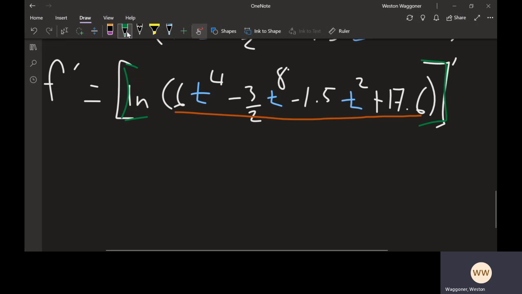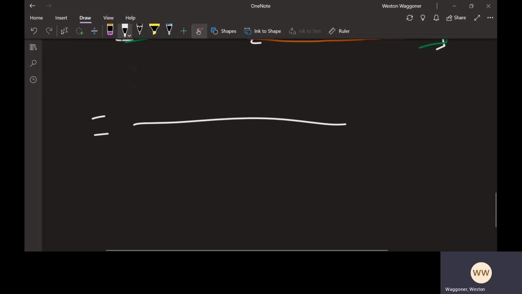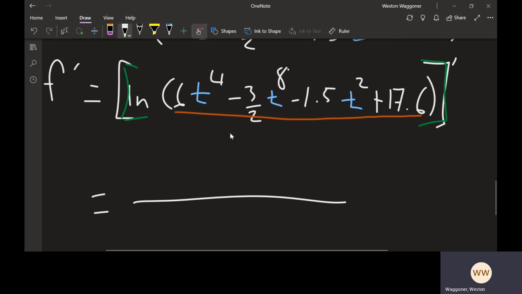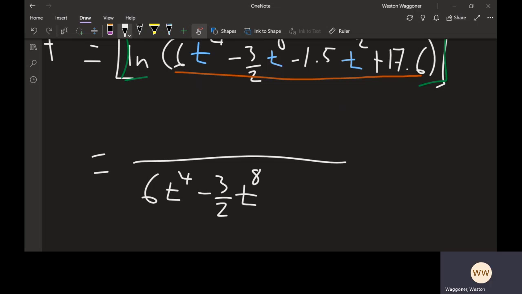So let's get into it and look at it. We know we're going to have this fraction, and I'm going to keep these t's, since I'm going to be writing so many of them: 6t to the 4th minus 3 over 2 t to the 8th minus 1.5t.